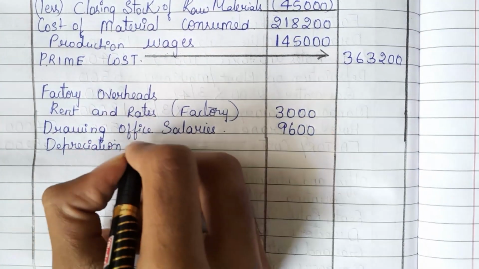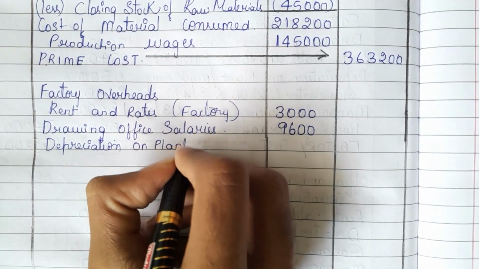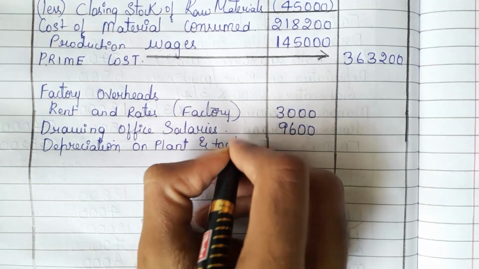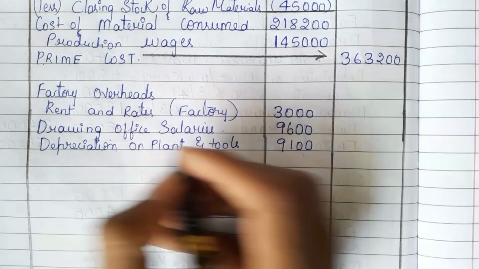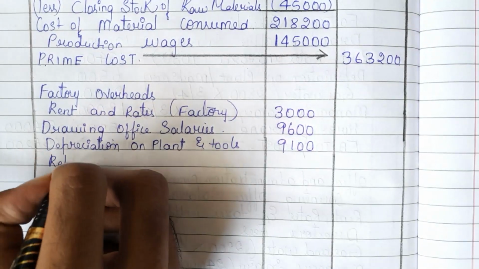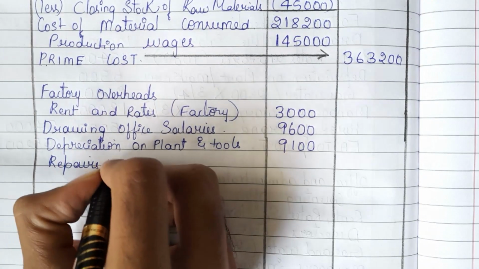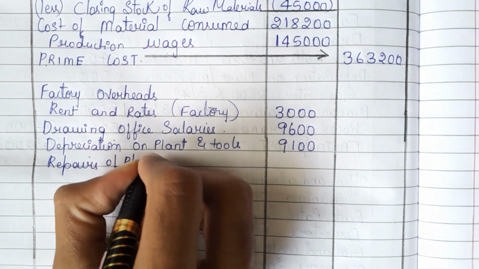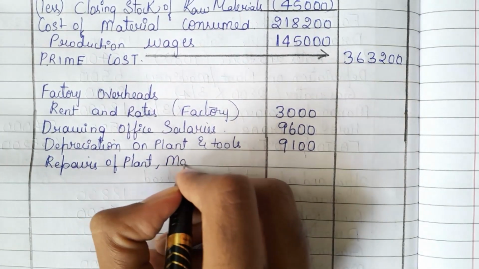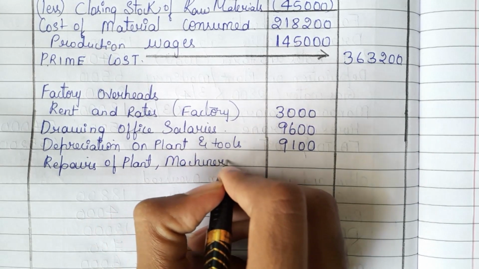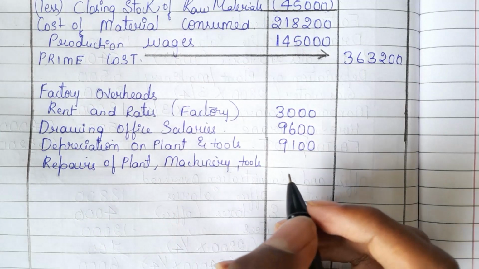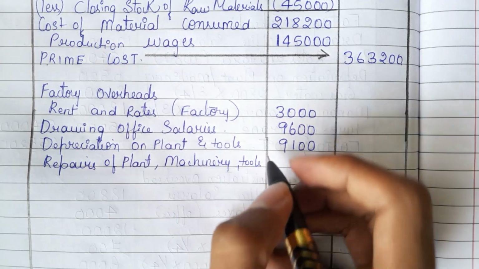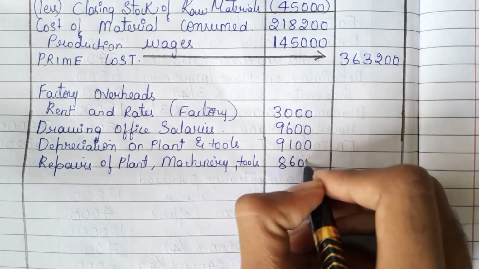Next we have depreciation on plant and tools. How much is the depreciation amount? It is 9,100. Then we have repairs of plant, machinery and tools. How much is it? It is 8,600.